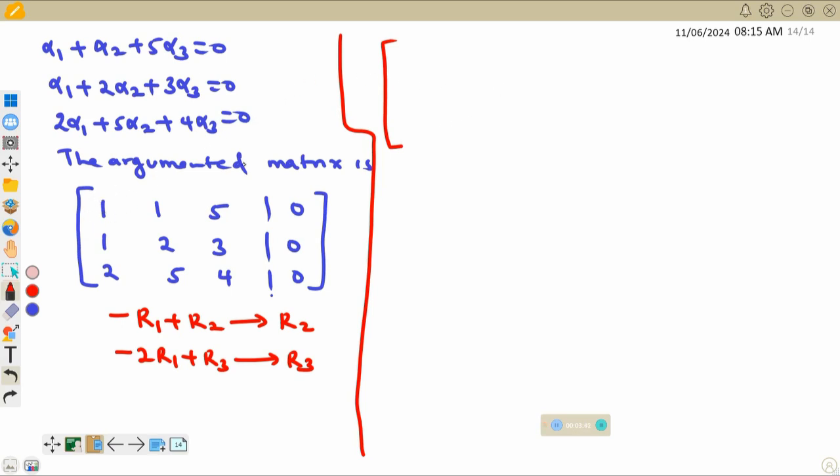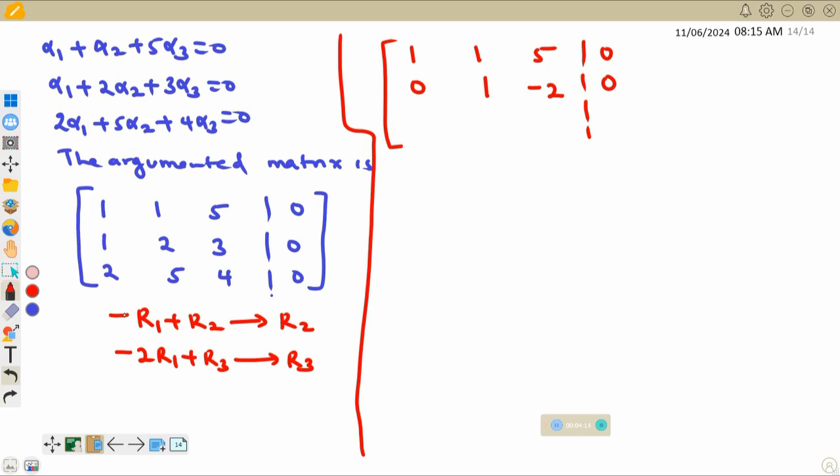So row 1 remains constant: 1, 1, 5, and this will be 0. Then for row 2 we shall have negative 1 plus 1, that is 0. Negative 1 plus 2, that will be 1. Then negative 5 plus 3, that will be negative 2. And this is 0 plus 0, which will remain 0.